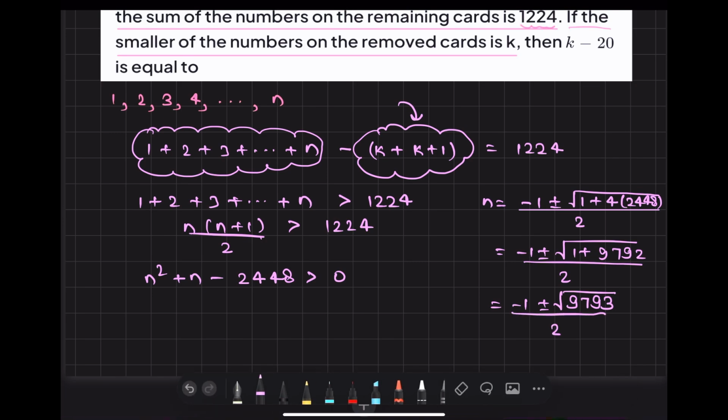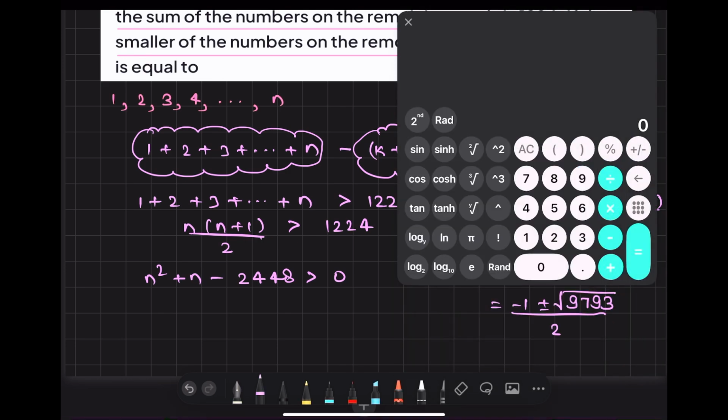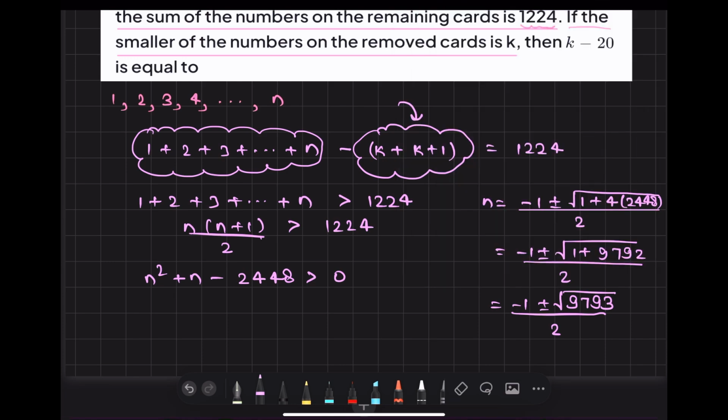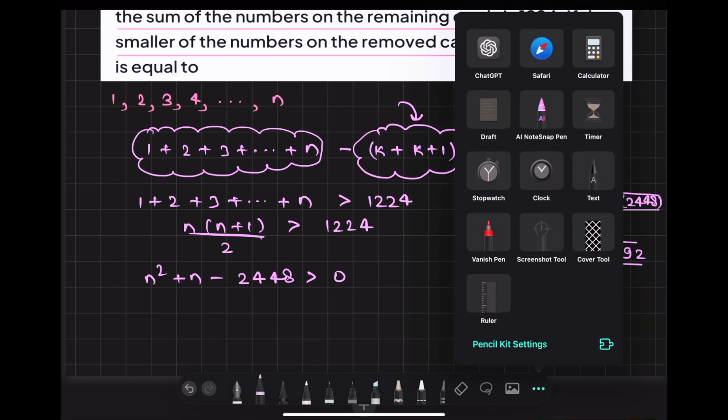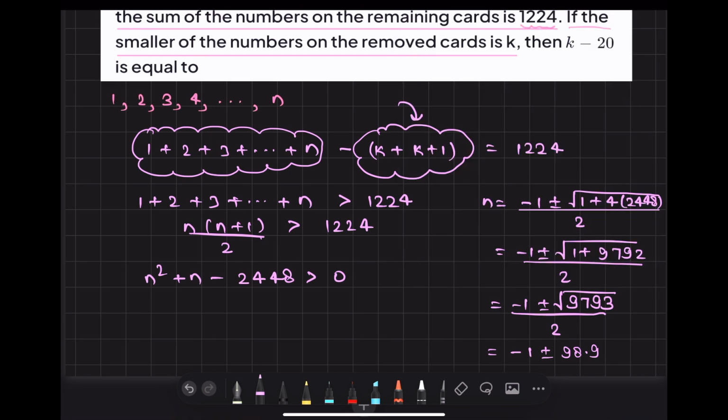So the value of root 9793 is 98.9. Suppose it is 98.9. So can I write minus 1 plus or minus 98.9, by 2? It was 98, right? Yes, it is 98.9.